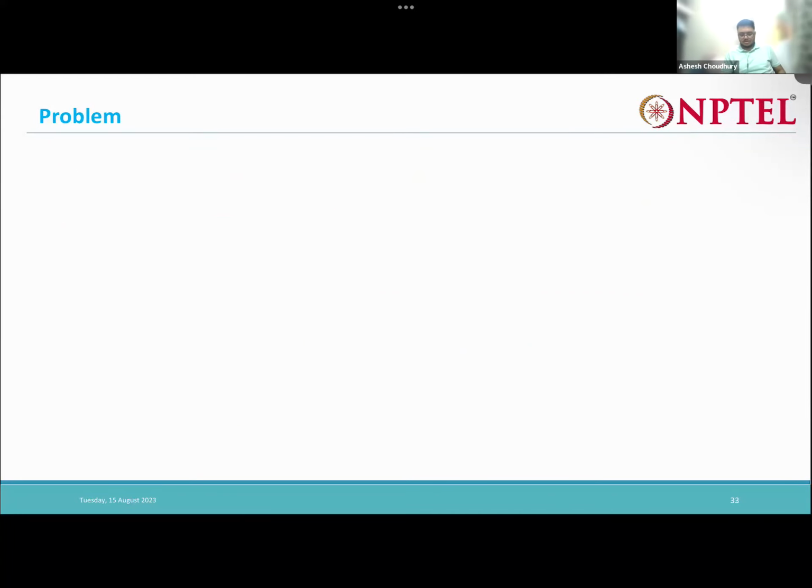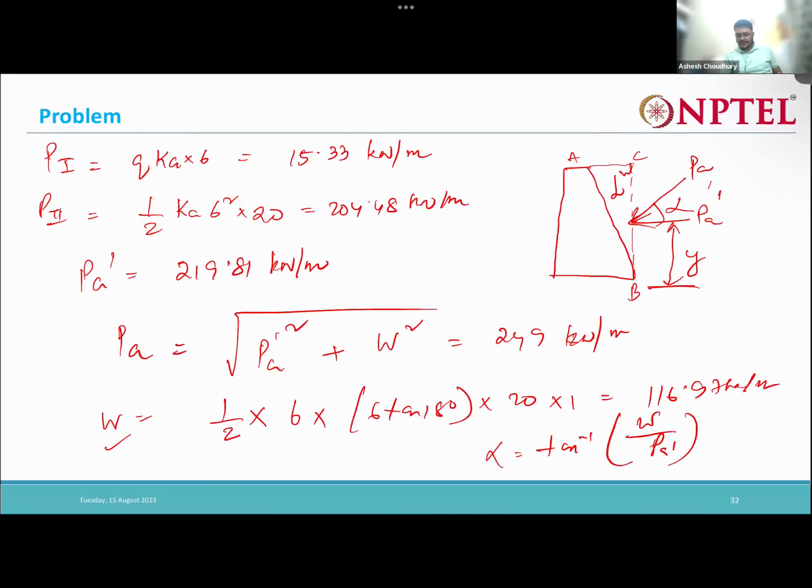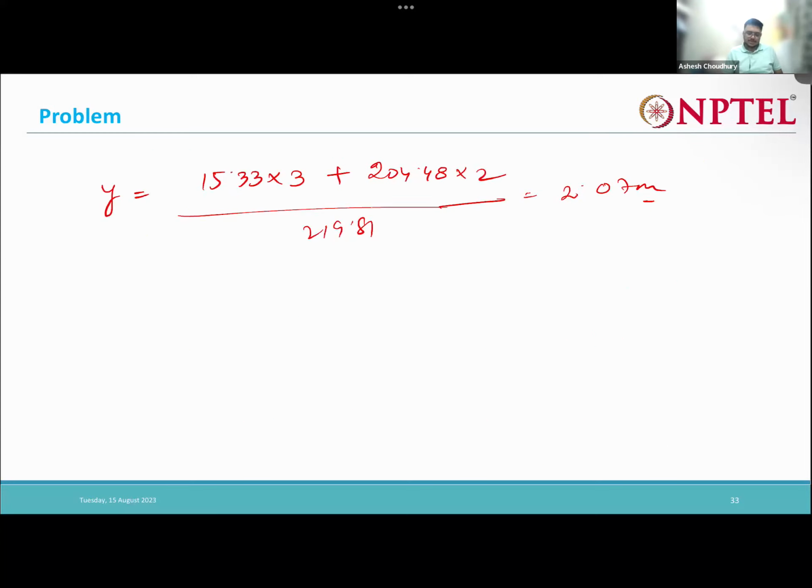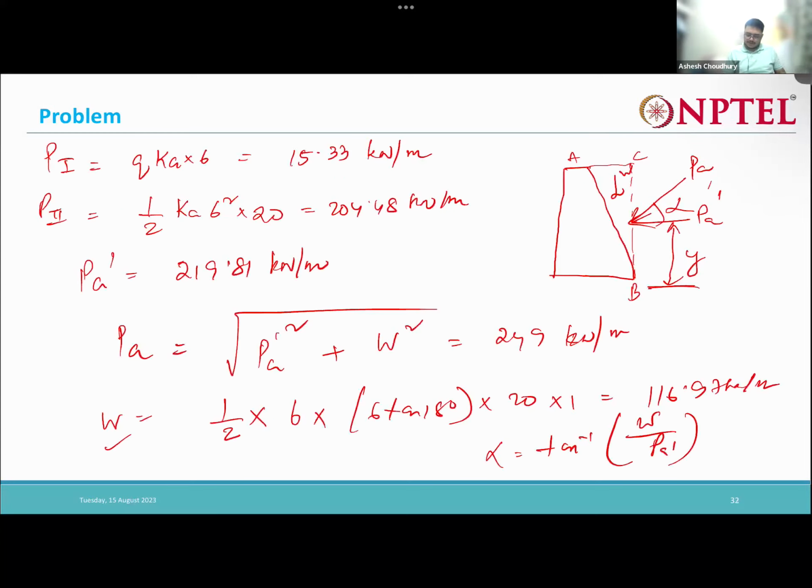So this PA and this PA dash are acting at a height of 2.07 meter from the base. First we calculated PA dash, and from there we could calculate PA.